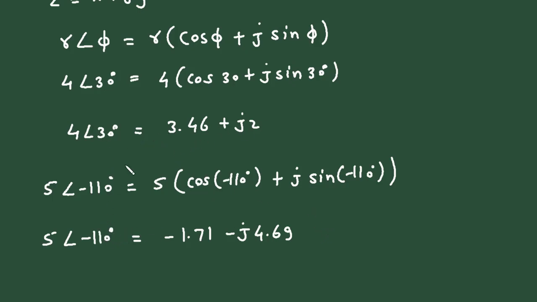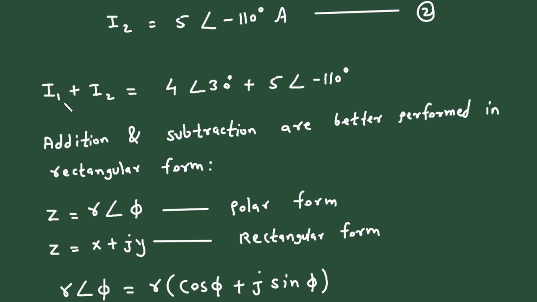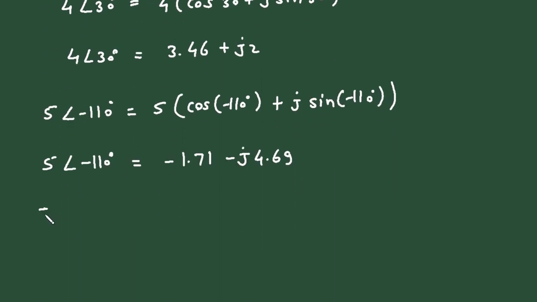Now we got both the polar forms into their equivalent rectangular form. So therefore I1 plus I2 is equal to, we can substitute this value. In place of 4 at an angle 30 degree, we will substitute this value.